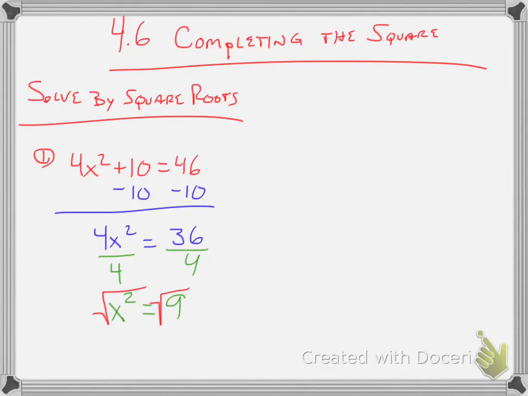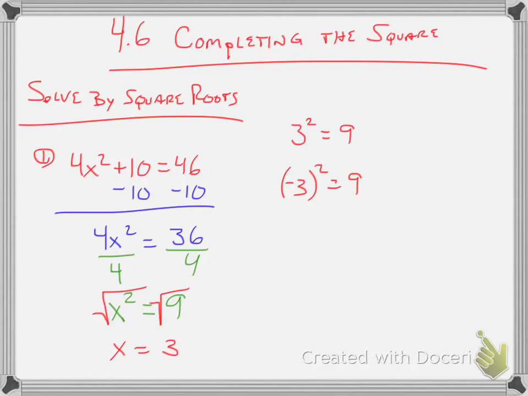Now, when something's being squared, the inverse operation of squaring something is taking the square root. But your answer is not just 3, because 3 squared is equal to 9, but there's another number that I could square to make it equal 9 as well, which is going to be -3.